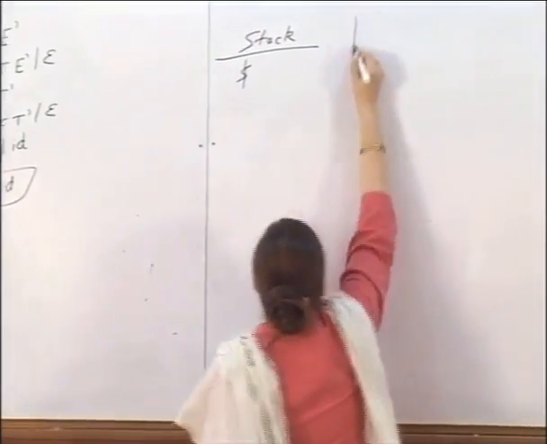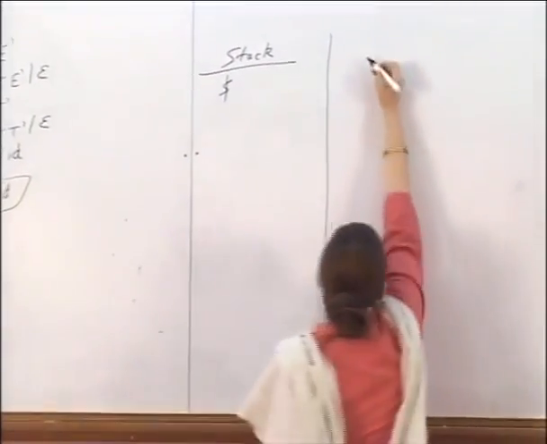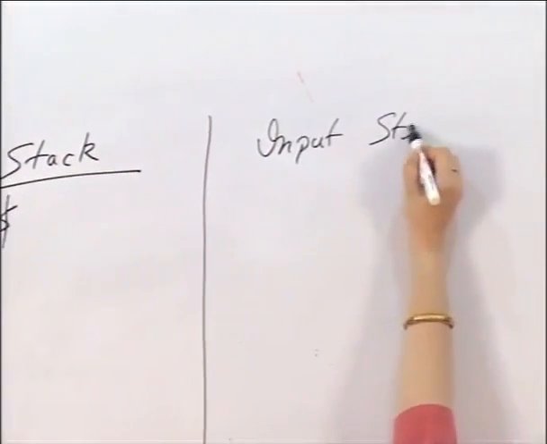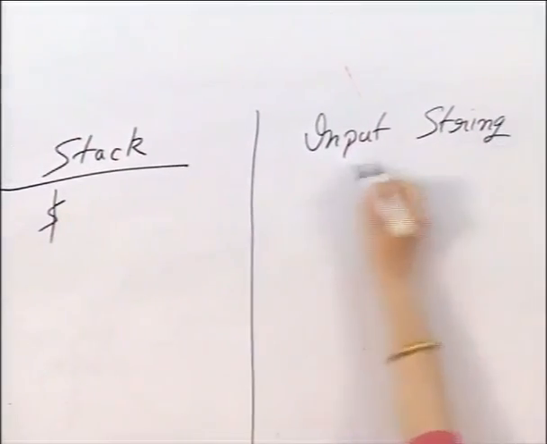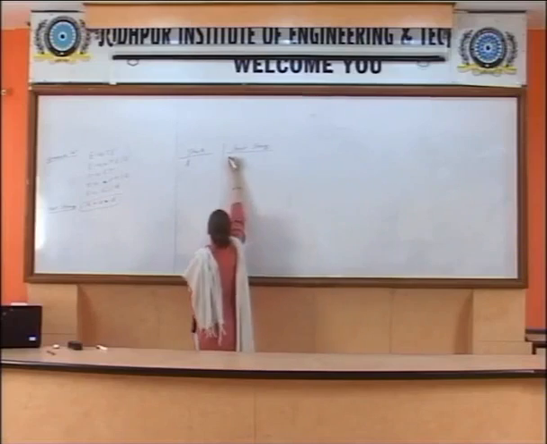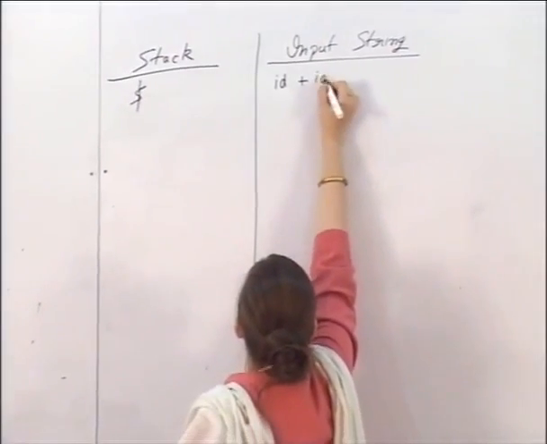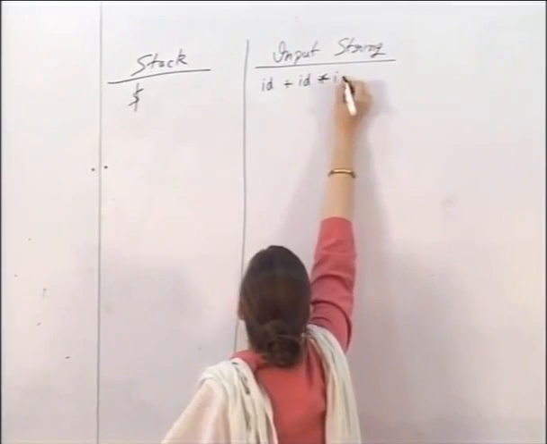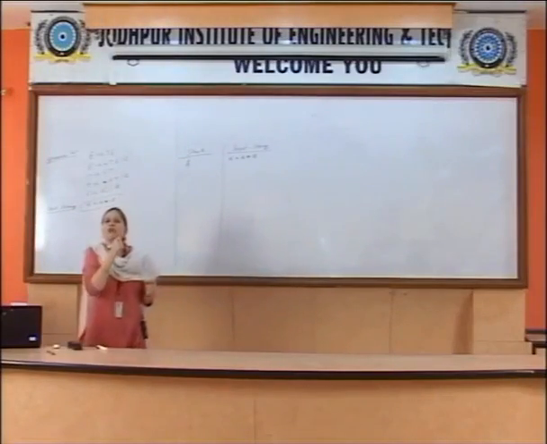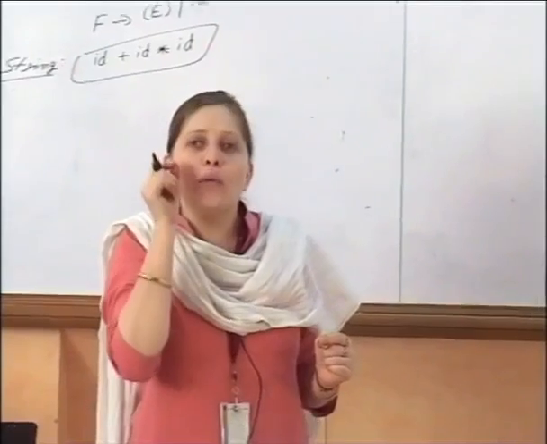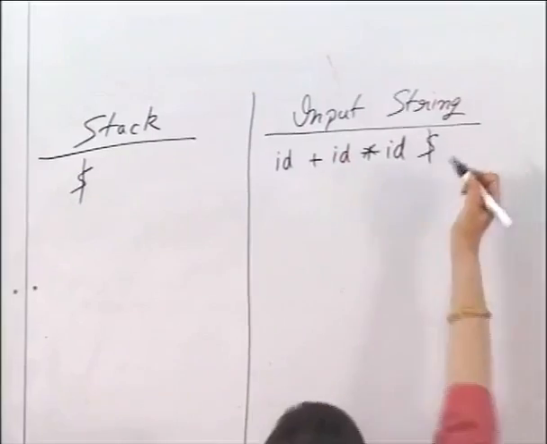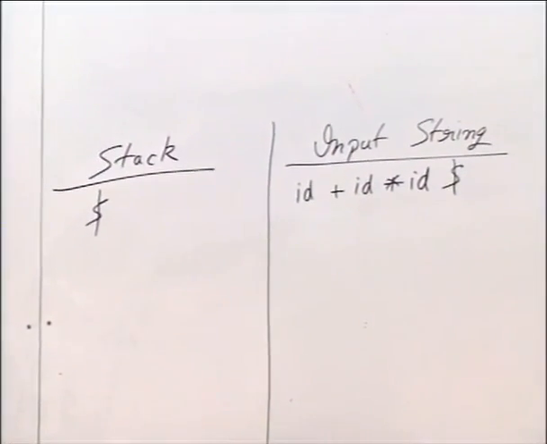Next we have the input string, which is id plus id into id, and as we have seen, when the input string is fed into the input buffer, it is followed by an end marker. That means I will enter an end marker at the end of the given input string.